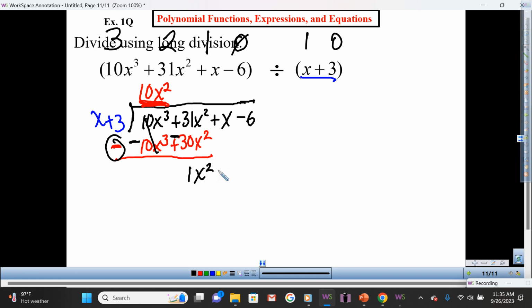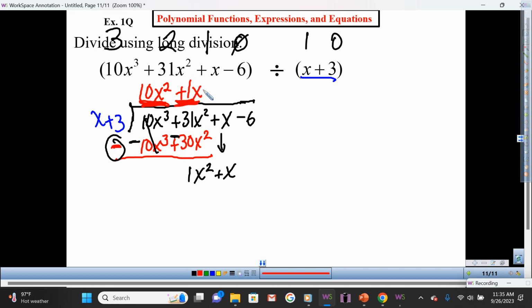Dominic, what do we do next? Let's go. Bring down the plus x. And we start all over. Question. What number times x gives us 1x squared? Tell your neighbor. All right. Vianney, what number? Positive 1x.